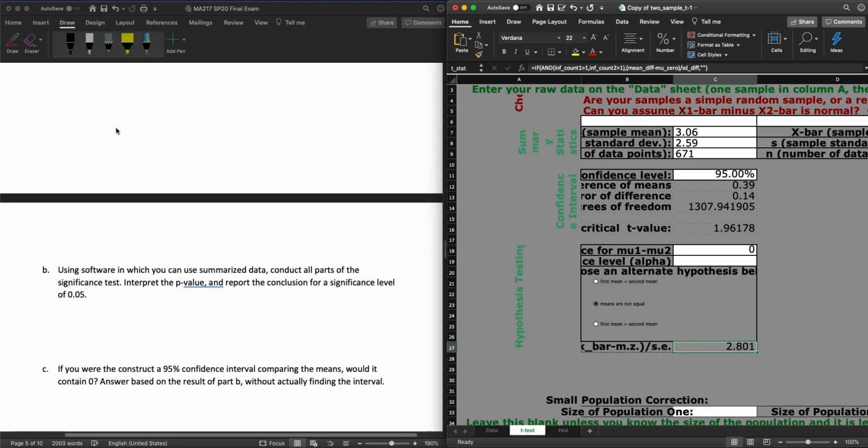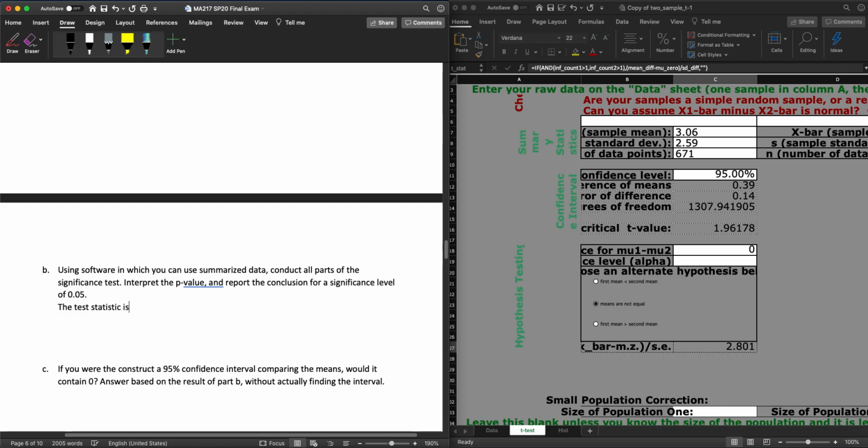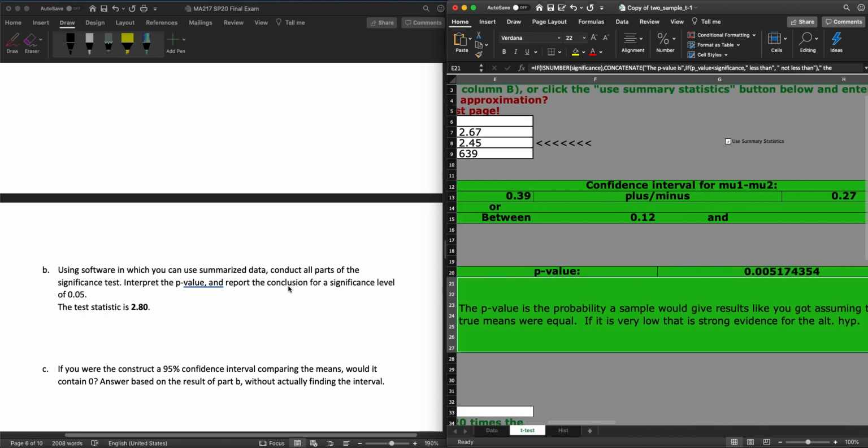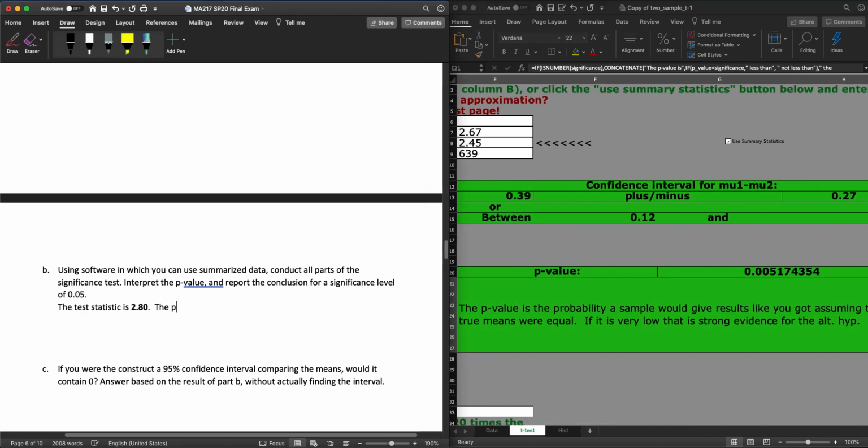And you know what, let me actually type this out so it's a bit easier. Test statistic is 2.80. The p-value, which we could find on this template, for this test is going to be 0.005.